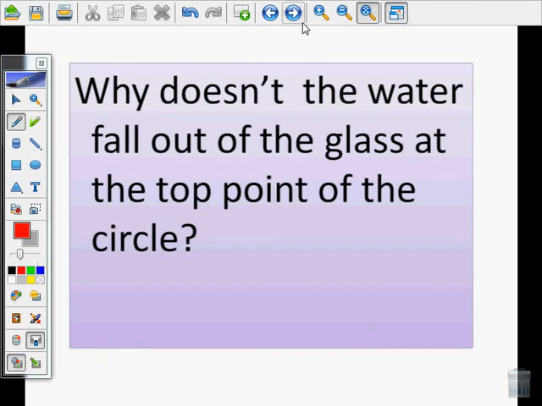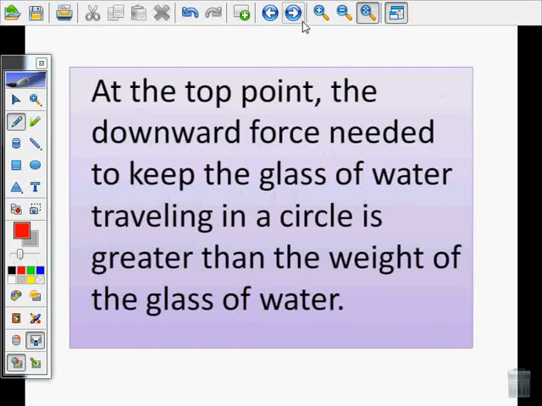Okay. Let's see what I ended up saying. At the top point, the downward force required to keep the glass of water traveling in a circle is greater than the weight of the glass of water. Actually, you know what it should say there? It should say is equal to or greater than the weight of the glass of water.